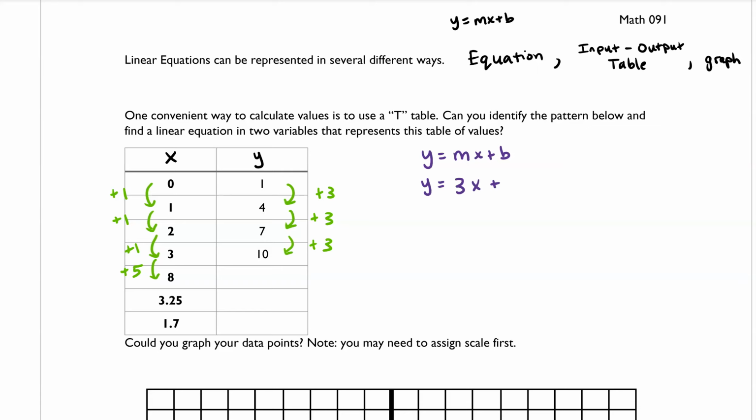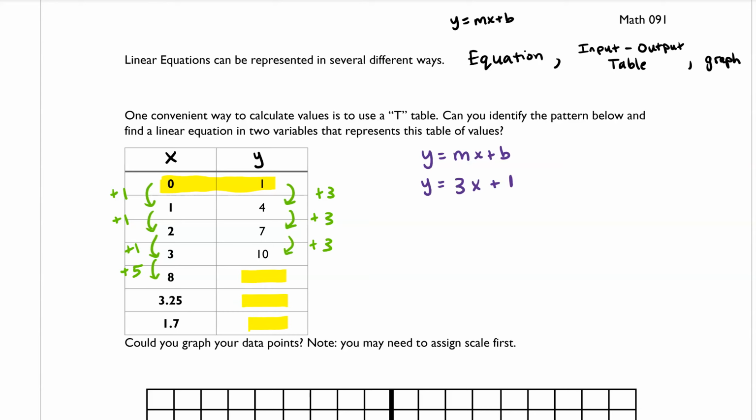And if we want to figure out what the b value is, the b value is the y value when x equals 0. So notice that that's the first row in this table. The x value is 0 and the y value is 1. So that means that our b value is going to be 1 here. That makes things a little bit easier for us to calculate these 3 values that are blank here.